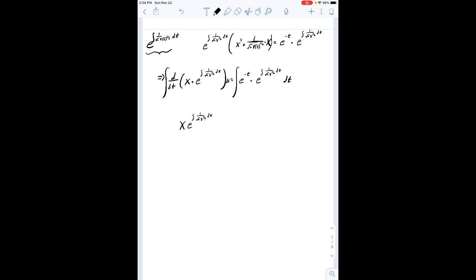So we get x times this is just equal to the integral of e to the negative t times e to the integral of 1 over root A V to the 1/2 dt, dt, all over, so we'll bring this to the other side, e to the integral of 1 over root A V to the 1/2 dt.